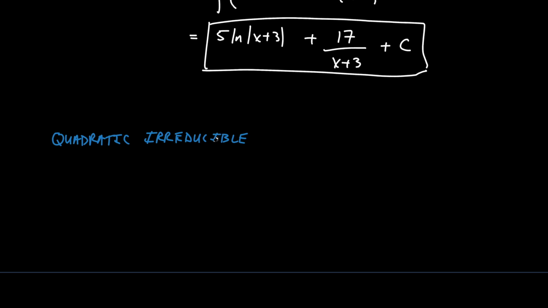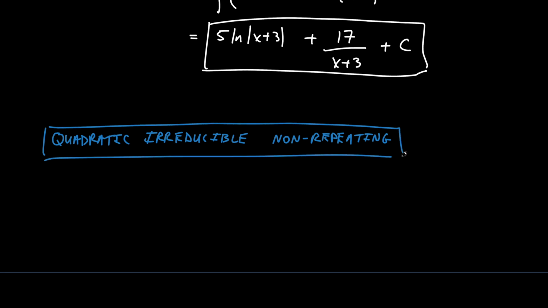Because if it could, then you would just break it down and use the linear factor process, right? So this is a quadratic irreducible. And what we're going to do is we're going to do the non-repeating for right now, okay? So we're going to talk about quadratic irreducible non-repeating factors. And then we're going to go from there, right?